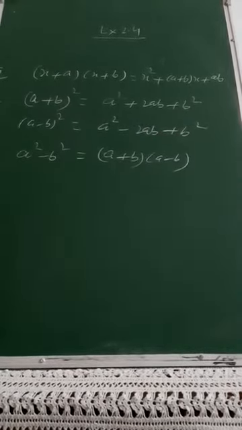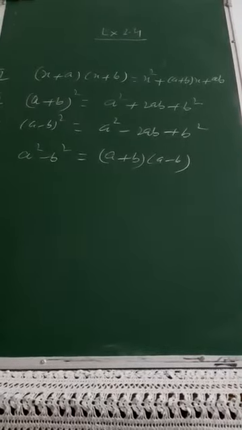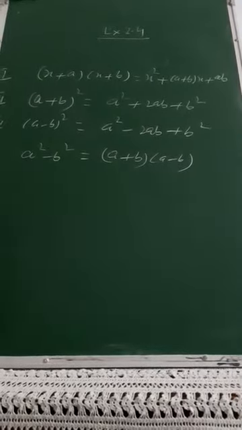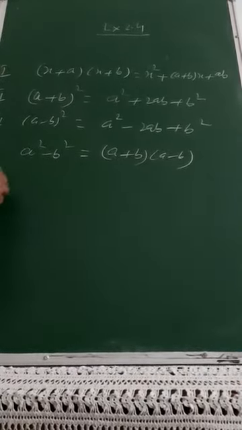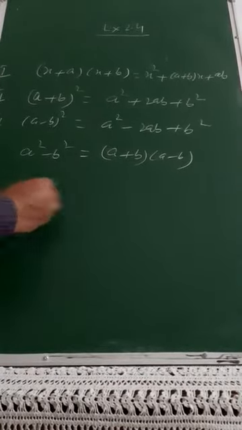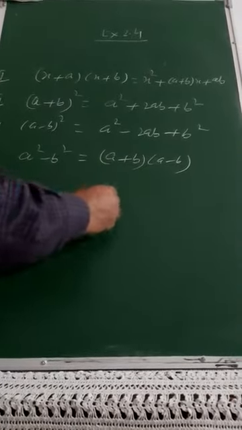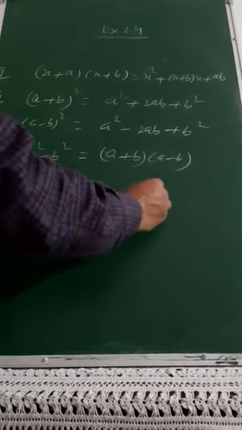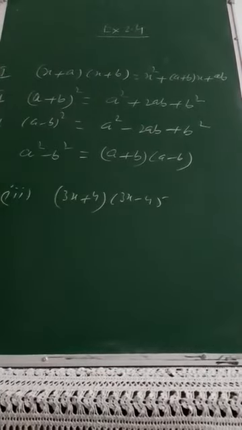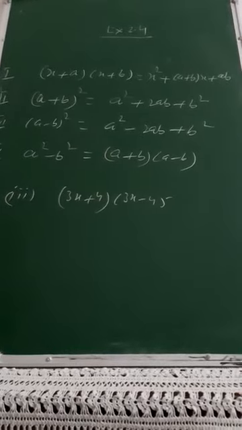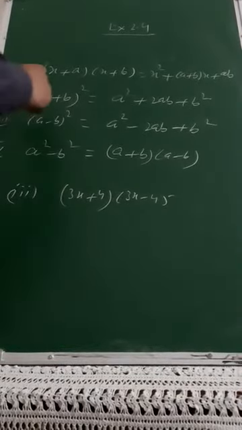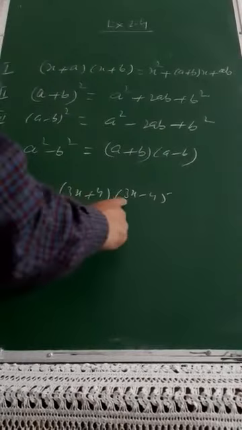So I will share one example of these identities. Suppose I take the first question, third part. Here it is 3x plus 4 into 3x minus 5. One identity is x plus a into x plus b.